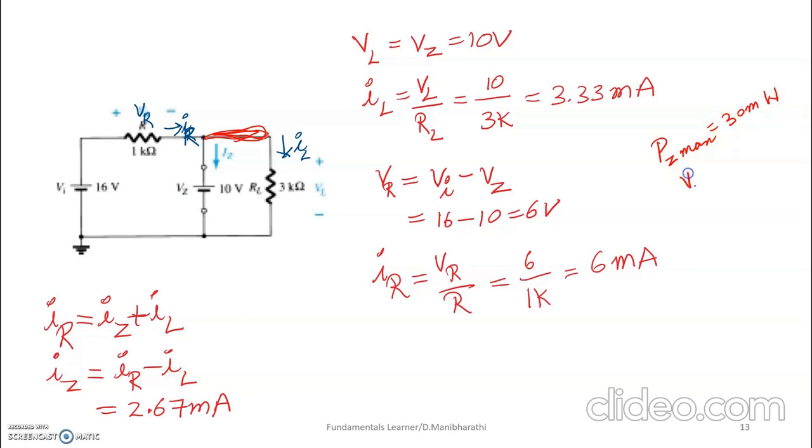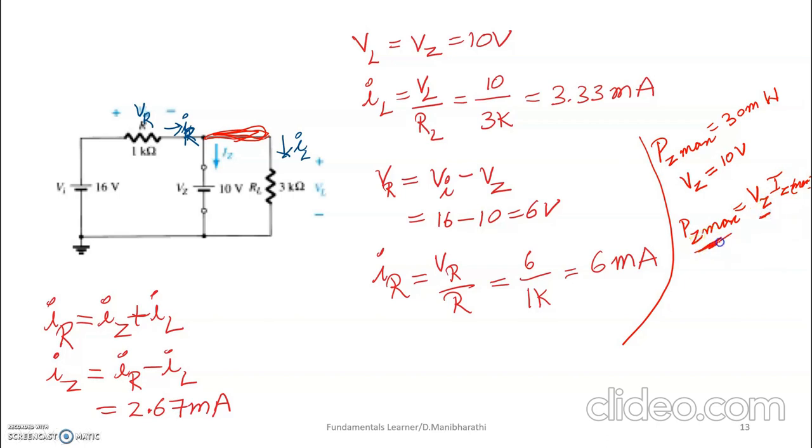What is the regulated voltage, the Zener breakdown voltage? It is 10 volt. We know PZ maximum is equal to VZ, the voltage across the Zener diode, times the current at maximum, because V is constant.